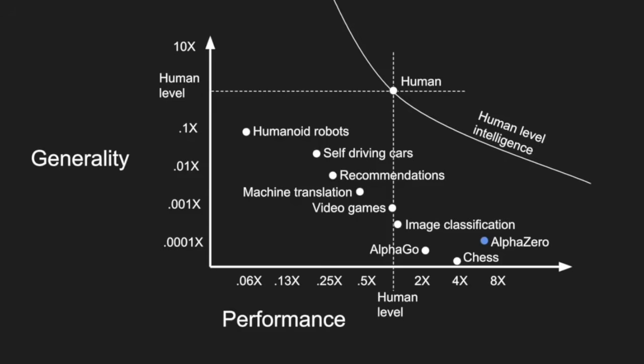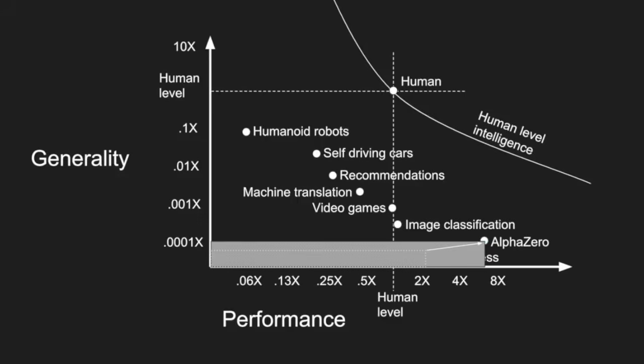So what we have now is a point that is both farther to the right, higher performance, and farther up, higher generality than the original that it was from. So this is a real increase in area under that rectangle, an increase in intelligence. This is the direction that we want to go.